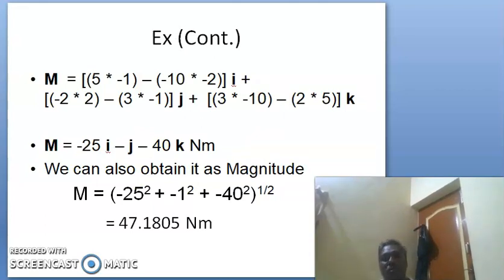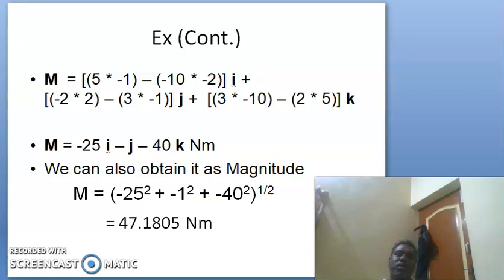So M is equal to (minus 3 into minus 2 minus 1 into 5) into i plus (1 into 3 minus 2 into minus 2) into j plus (2 into 5 minus minus 3 into 3) into k. So here M vector is obtained as minus 25i minus j minus 40k newton meters, which is the answer.